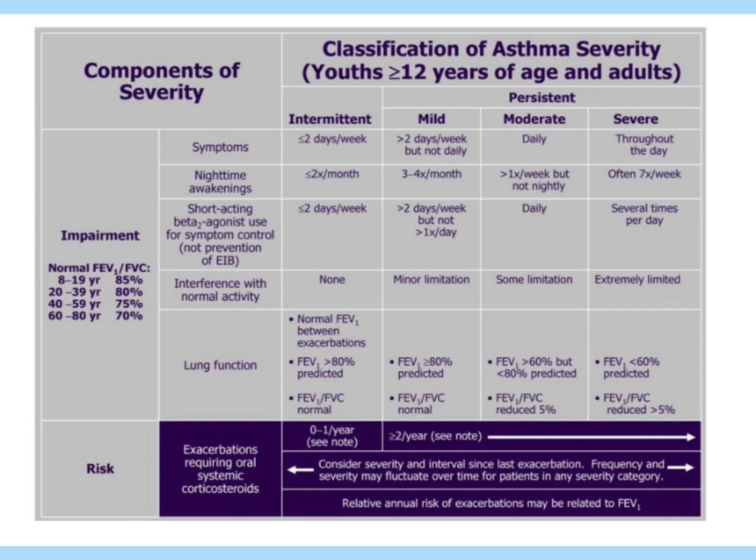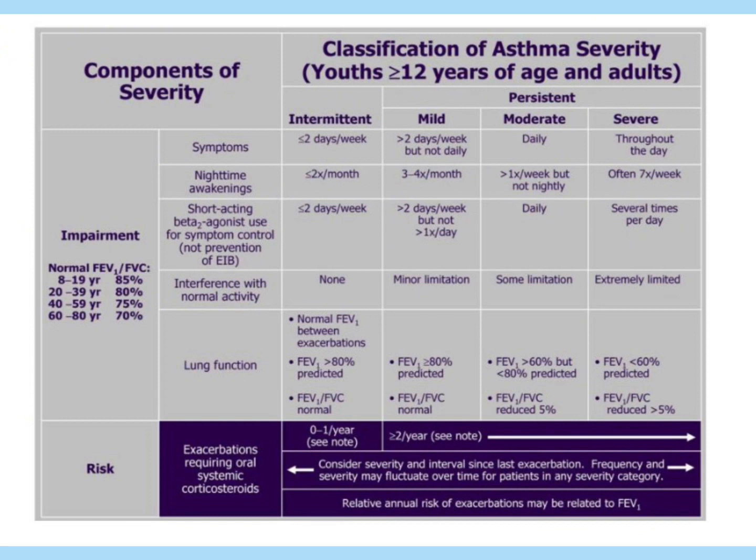And then mild: symptoms and SABA use greater than 2 days a week. Moderate persistent asthma: daily symptoms, which is shortness of breath, cough, and wheezing, and SABA use which will be daily but not several times a day.